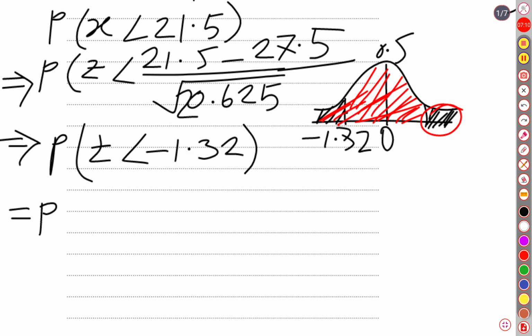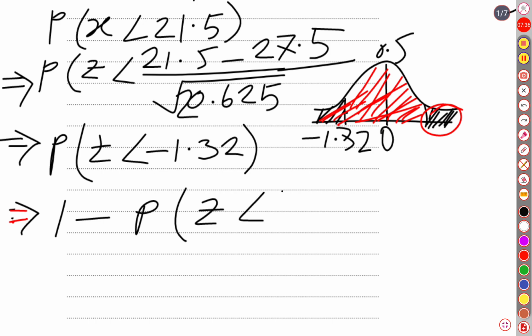So it is going to be 1 minus the probability of z less than 1.32.